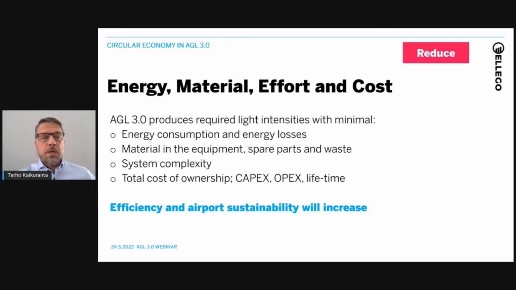Also, minimal system complexity is used, meaning that there is no need to build very difficult complex systems. And also the total cost of ownership can be minimized, so it means the money spending and also the extended lifetime. And all this then means that airports can increase efficiency and sustainability.